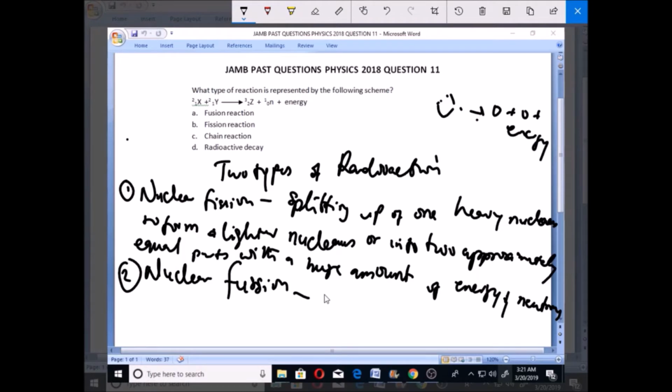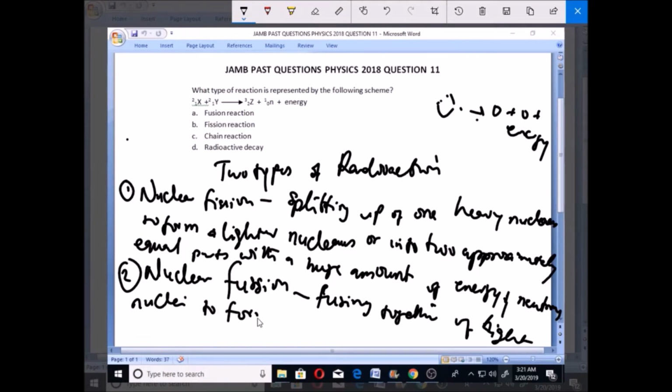But nuclear fusion is the fusing together, the coming together of lighter nuclei. So when you have two light nuclei, that's smaller nuclei, coming together, we call it nuclear fusion.